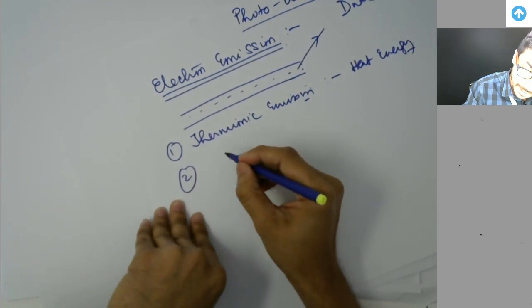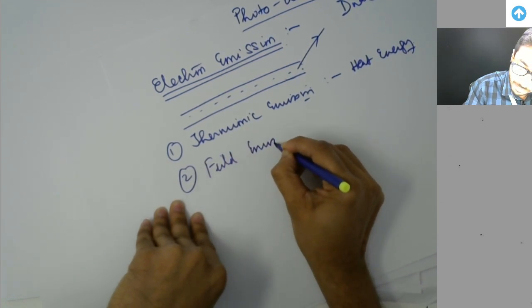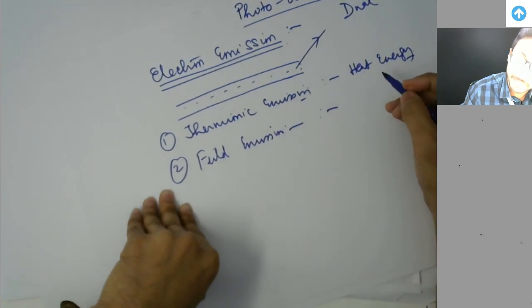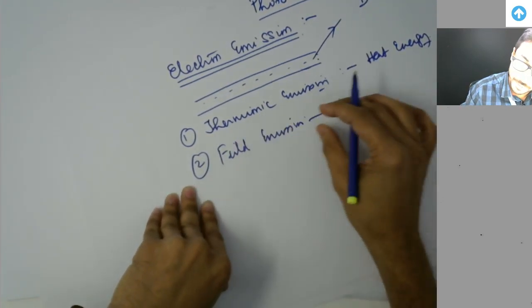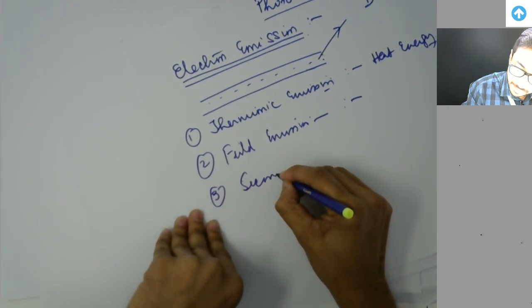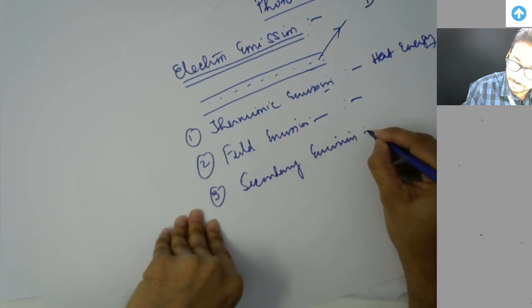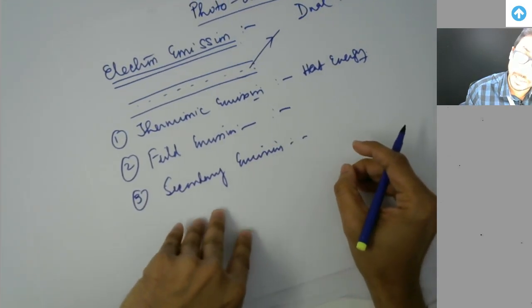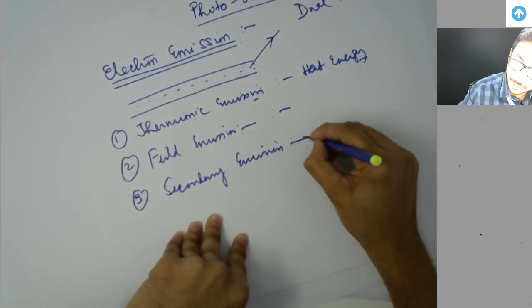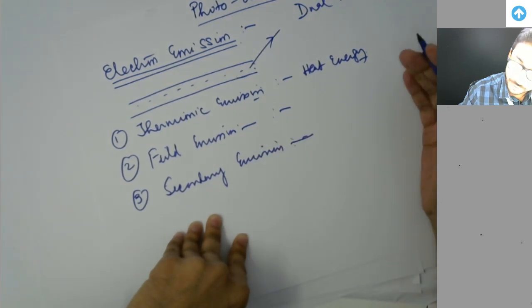Second is field emission. An electric field can emit the electrons from the metal surface. Third is secondary emission. High-speed electrons or other particles from other bodies moving can also emit the electrons.